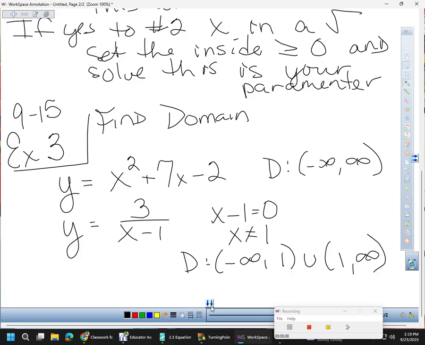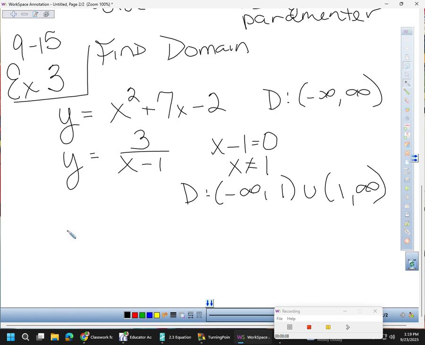Okay, how about this one? y equals the square root of x minus 7. So, is there an x in the denominator? Is there an x in the square root? Yes. So we take what's inside the square root, and it has to be greater than or equal to 0. Can't have a negative under there, right? So now I solve for x.